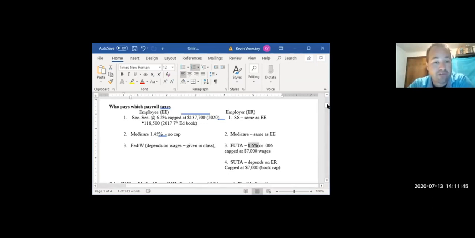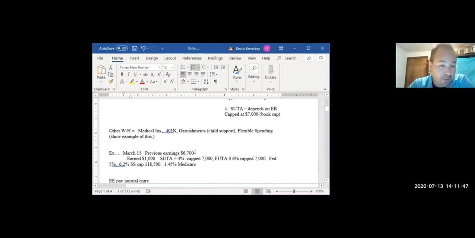Now remember the 7,000, because our person here has made $6,700. If I take my previous earnings plus my new earnings, and that amount goes over the cap, then you have to figure up what's left. These 2 added together is $7,700.